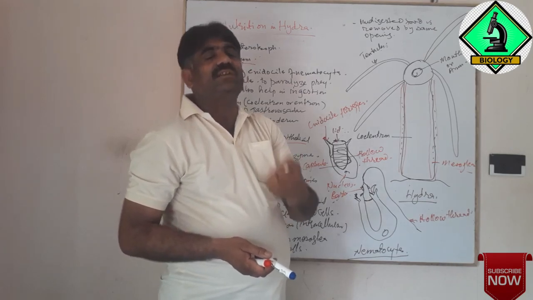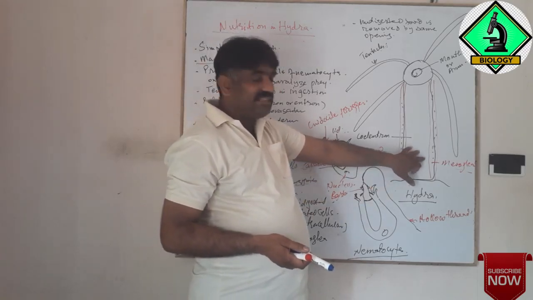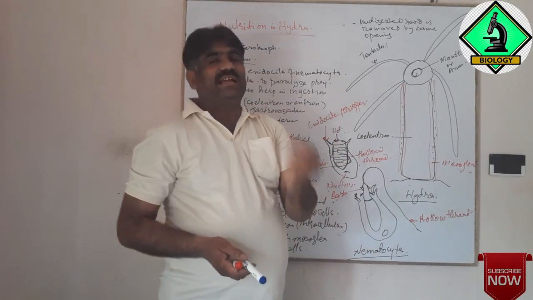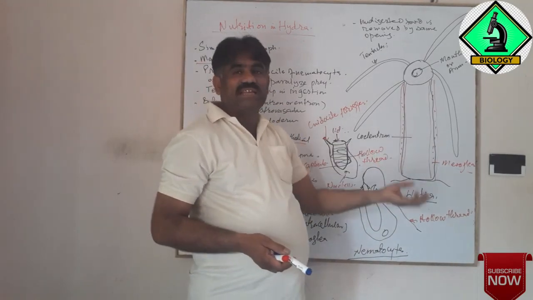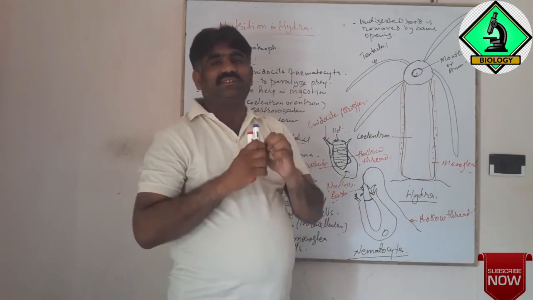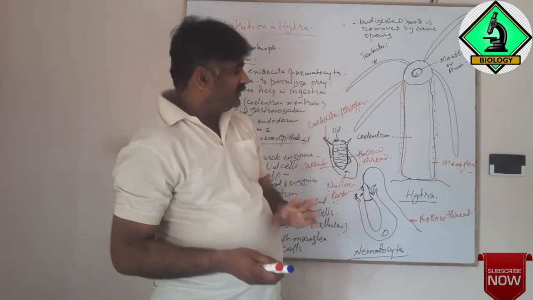This action is called phagocytosis. When they ingest the semi-digested food, the lysosomes start their action, produce enzymes, and completely digest carbohydrates, lipids and proteins into the simplest and soluble form.